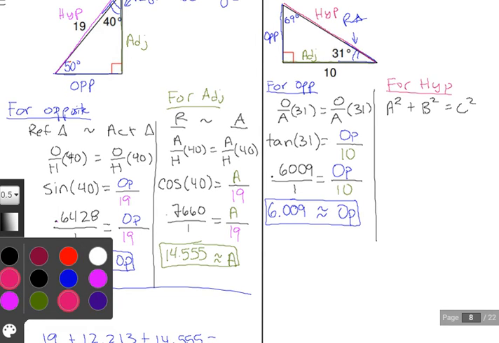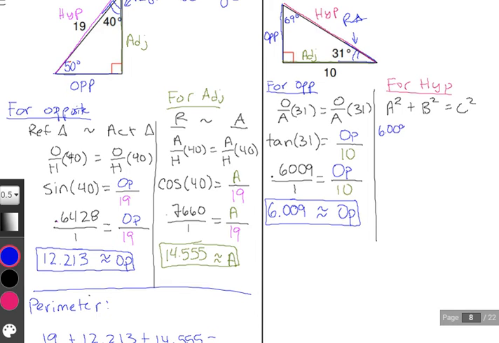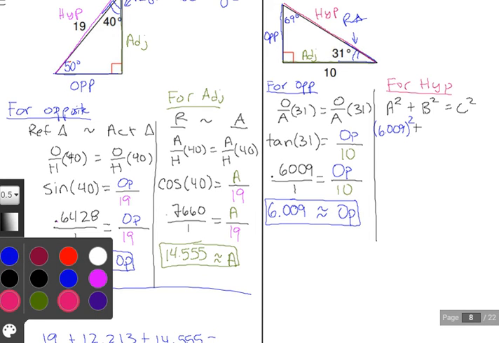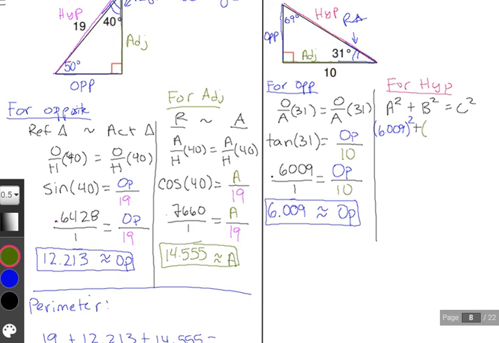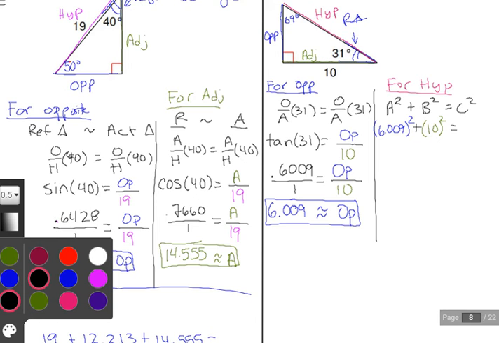Remember, A and B have to be the two short sides, and so one of those values should be 6.009, which I'll square, of course. The other side should be the adjacent, which is 10. And that's equal to the c squared, which I don't know, but it is going to be my hypotenuse value, so h squared. Okay, so it's time to run some square values.